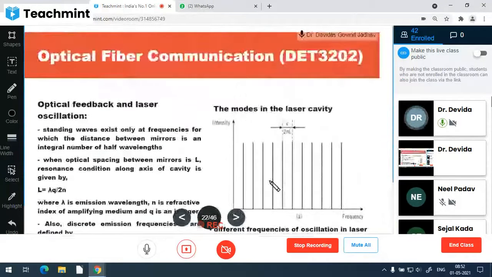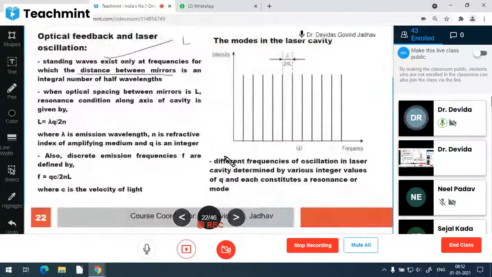So these standing waves are developed between the mirrors, and a standing wave exists only at the frequency which is an integral multiple of the distance between the mirrors. Whatever the integral multiple of the distance between the mirrors L is, only those standing half waves are built as a standing wave.